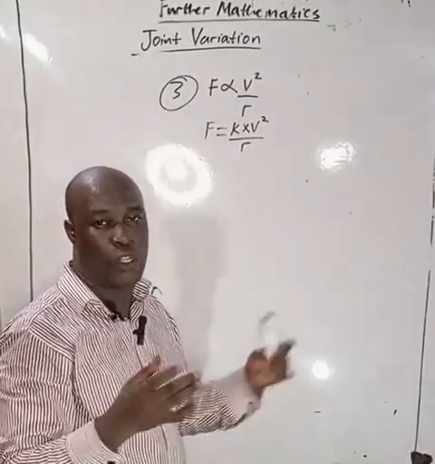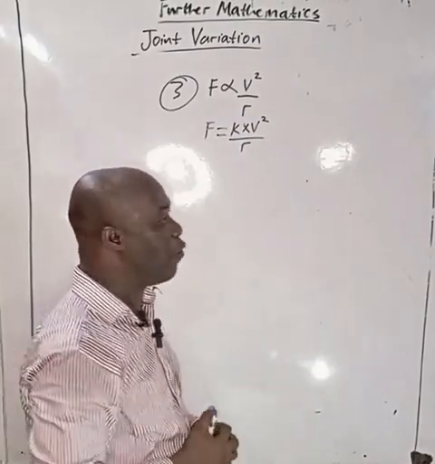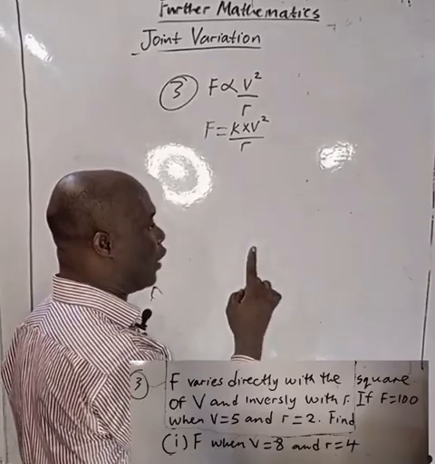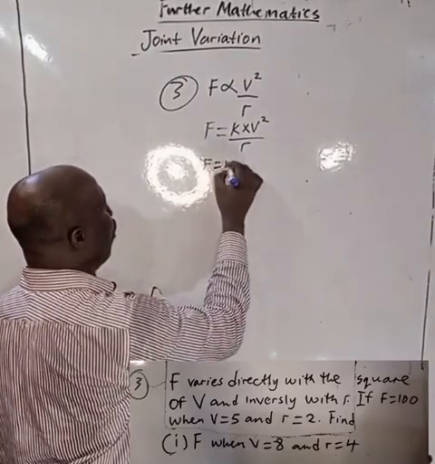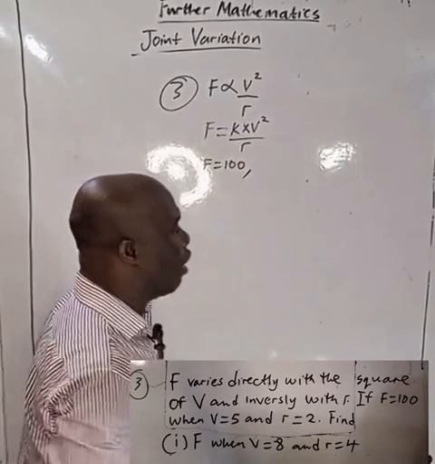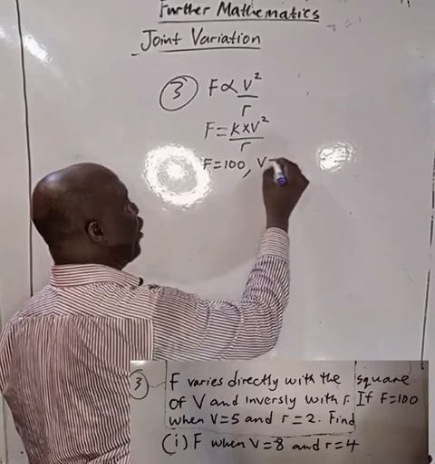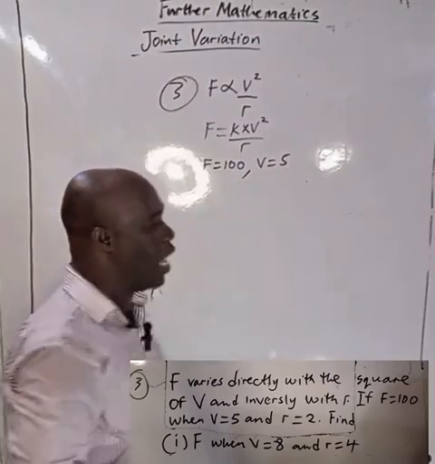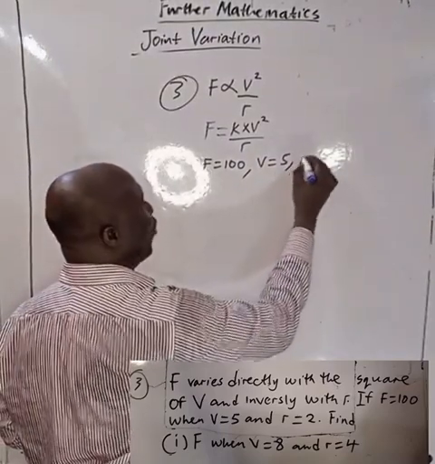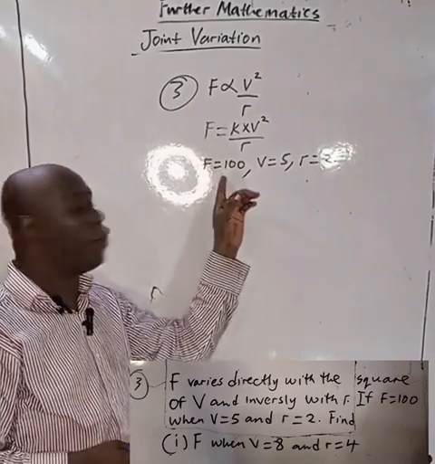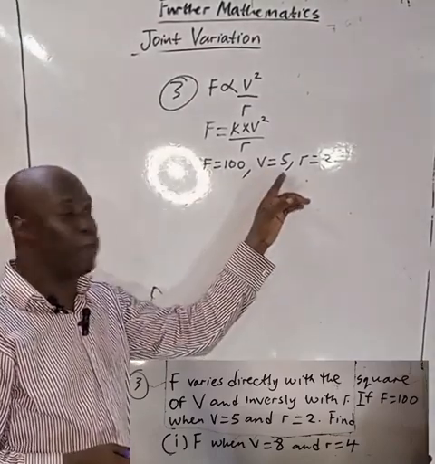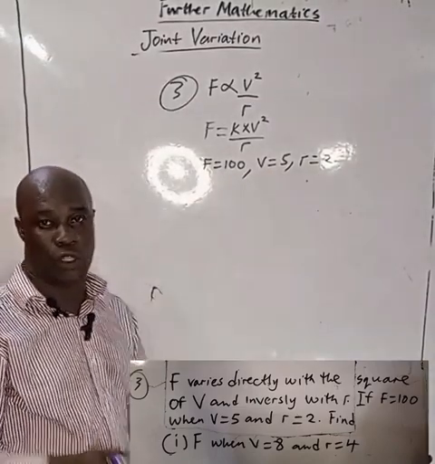So now we are going to use the values given to us. Don't forget, F is equal to 100 when V is equal to 5 and R is equal to 2. Can you see the three variables now? The value of F is 100, the value of V is 5, the value of R is 2.